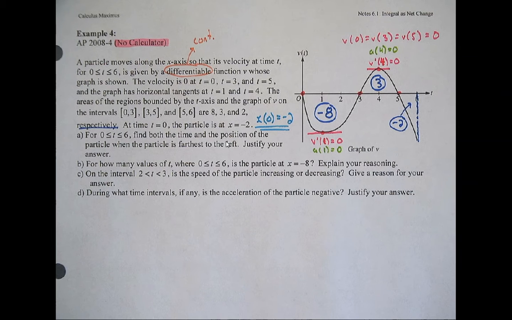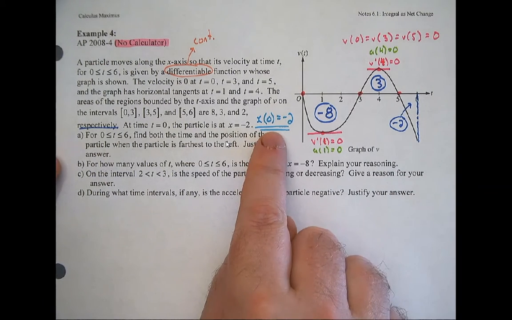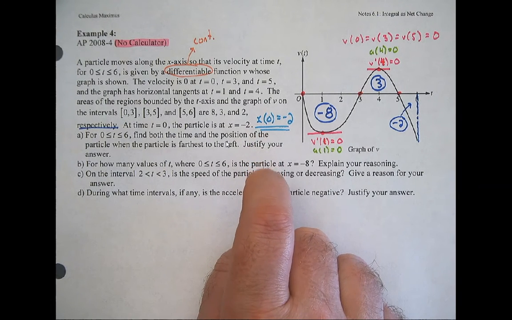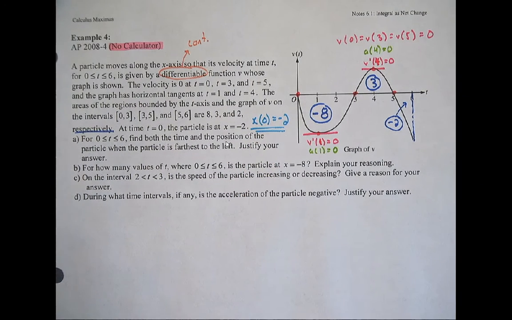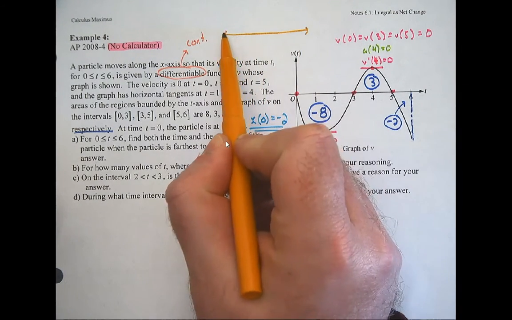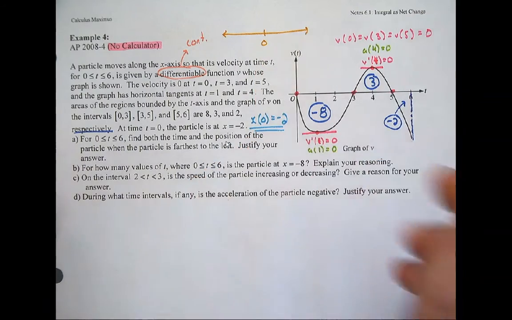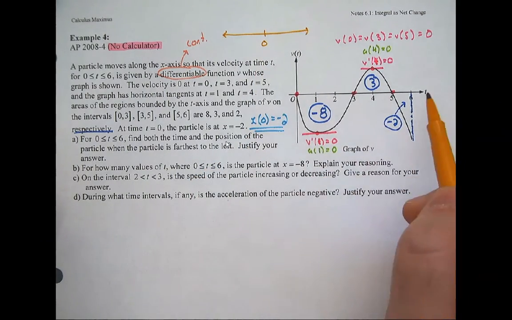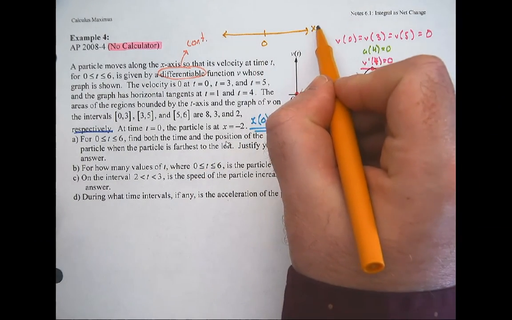Okay, so another thing that sometimes is helpful to think about: this means our particle is starting at -2. If I now draw, this is not this graph. This is not the same. This is the function x of t.